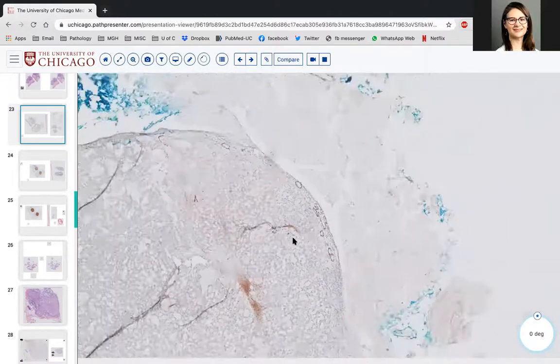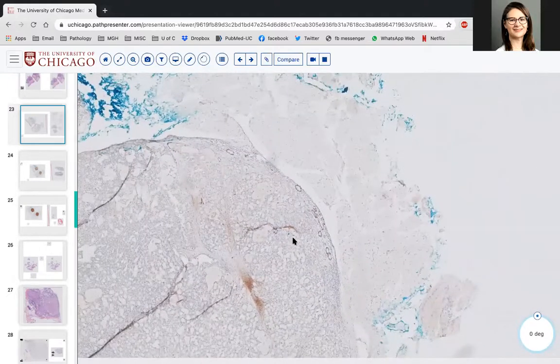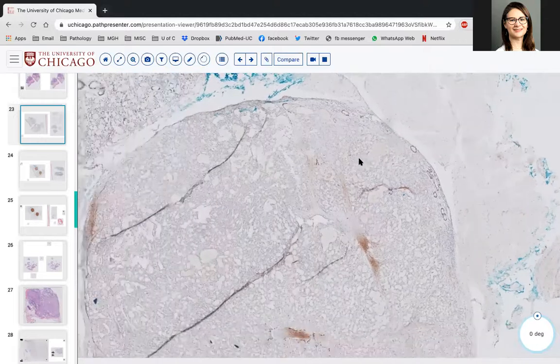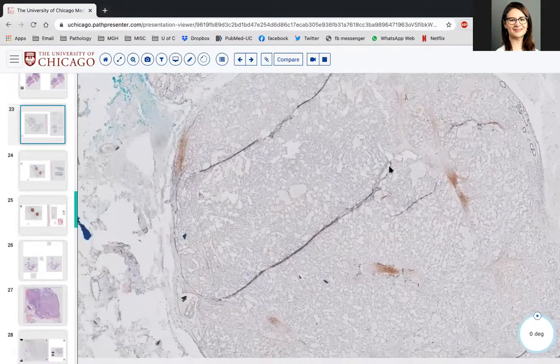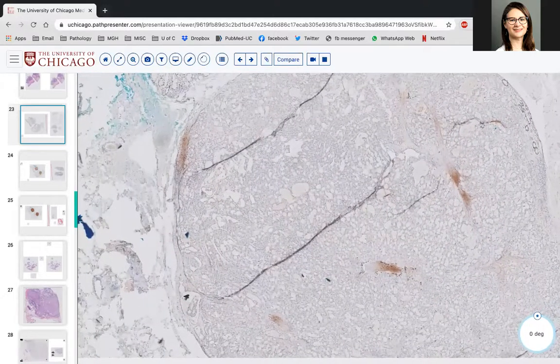So the take-home with this case with P40 is that if you are thinking about a microcystic tumor, you should have P40 or P63 significantly staining. With the absence of P63 or P40, or just a few cells, in this case I agree it is probably just entrapped ducts because there isn't a rich P40 population here.